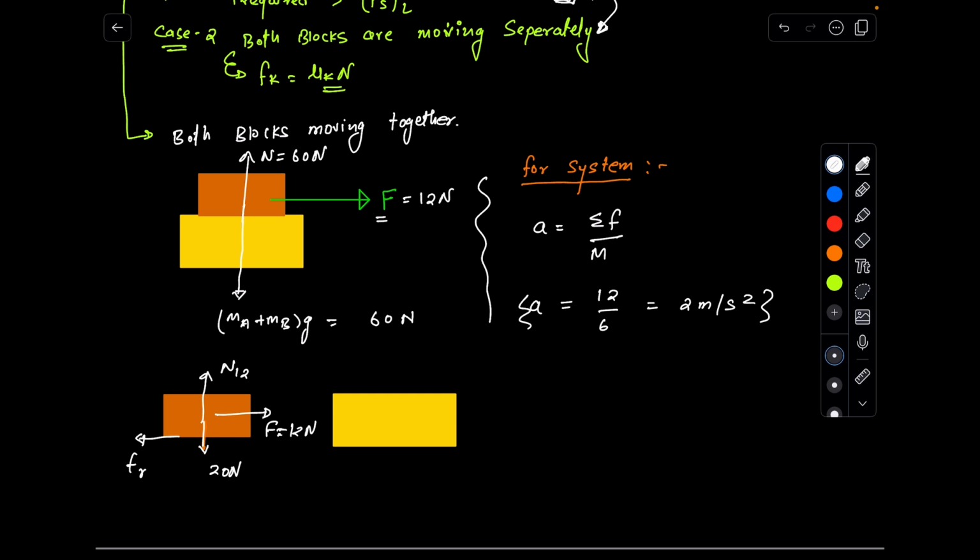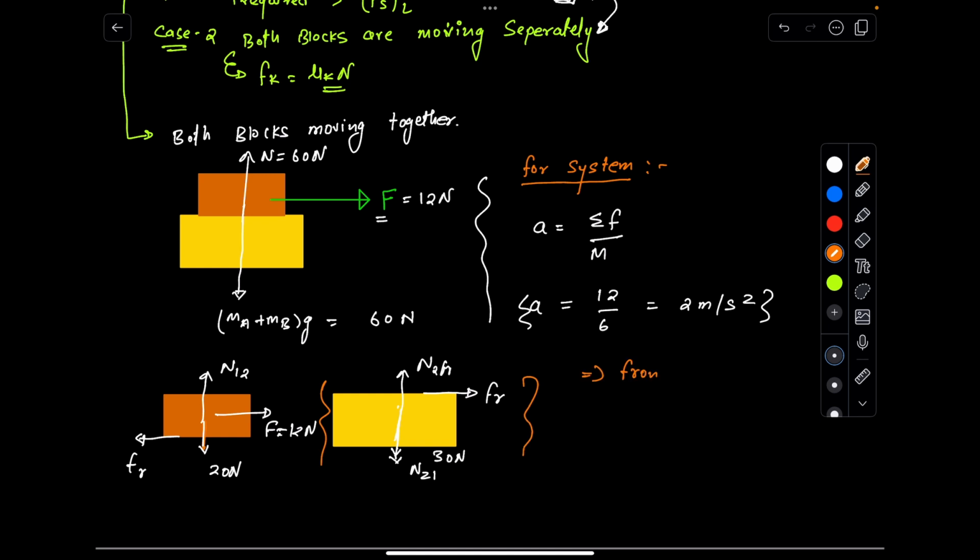So this is our F required. The same F required will be acting on this block like this, and these are the forces. On this there is N21, and then there is a normal because of the ground on block 2, and then there is a gravitational force of 30 Newton. Now let's take the FBD of our second block so that we can find the required friction.